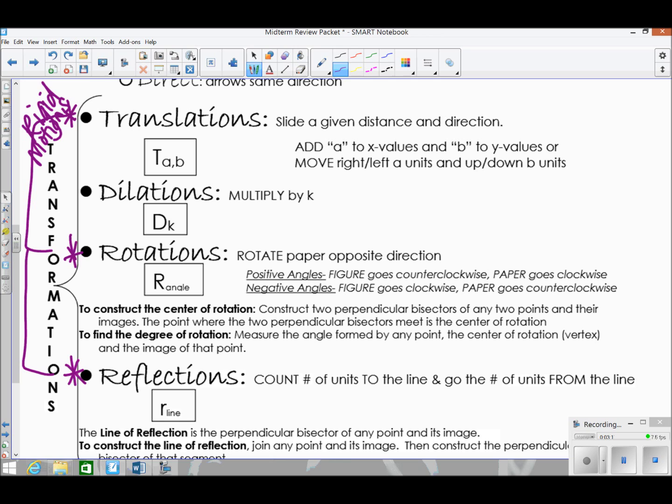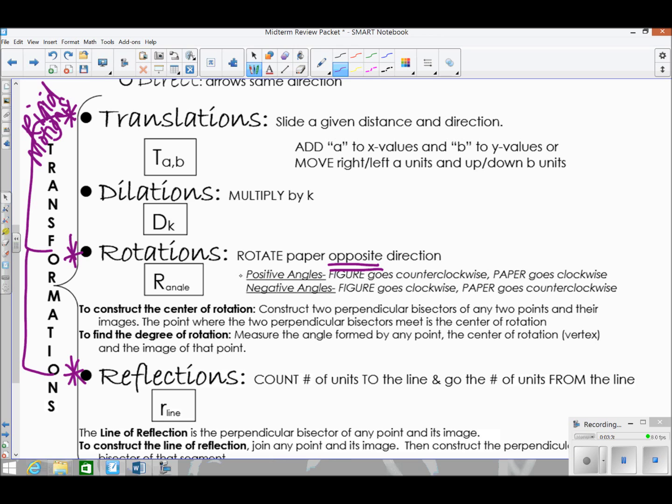Then we looked at rotations, and for this, remember, you always are going to turn your paper. So when it's on a coordinate plane, we're always going to rotate our paper the opposite direction in comparison to the way we want our figure to move. So if we want to rotate our figure counterclockwise, we rotate our paper clockwise.